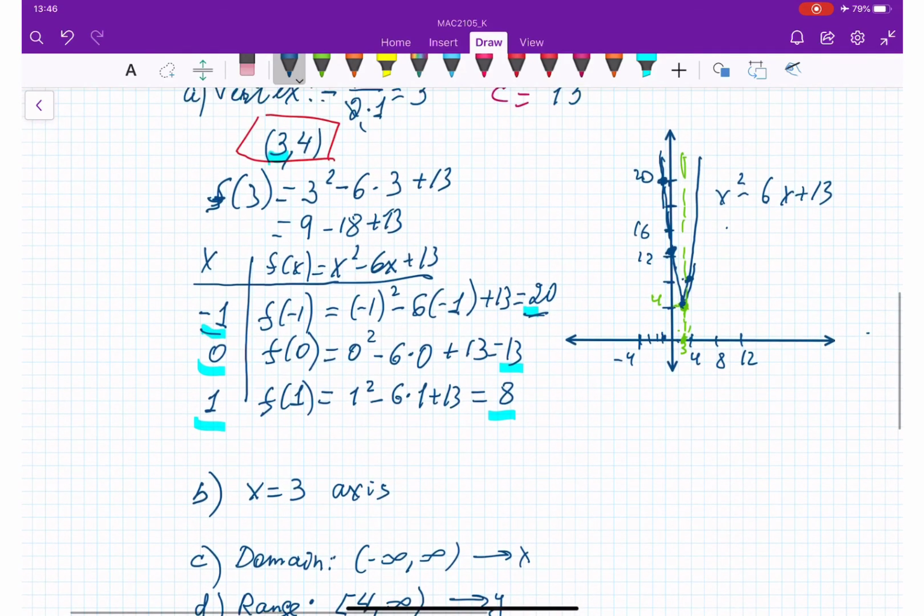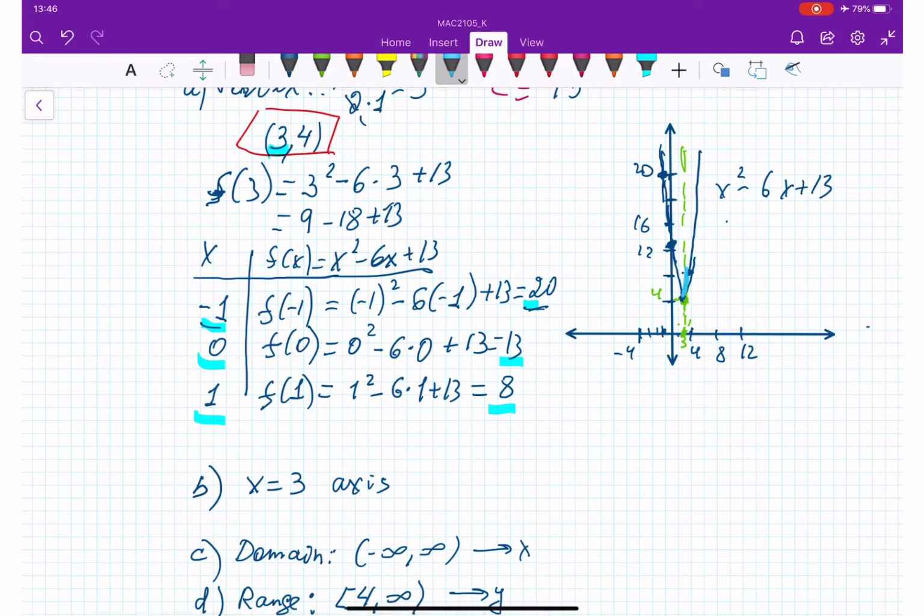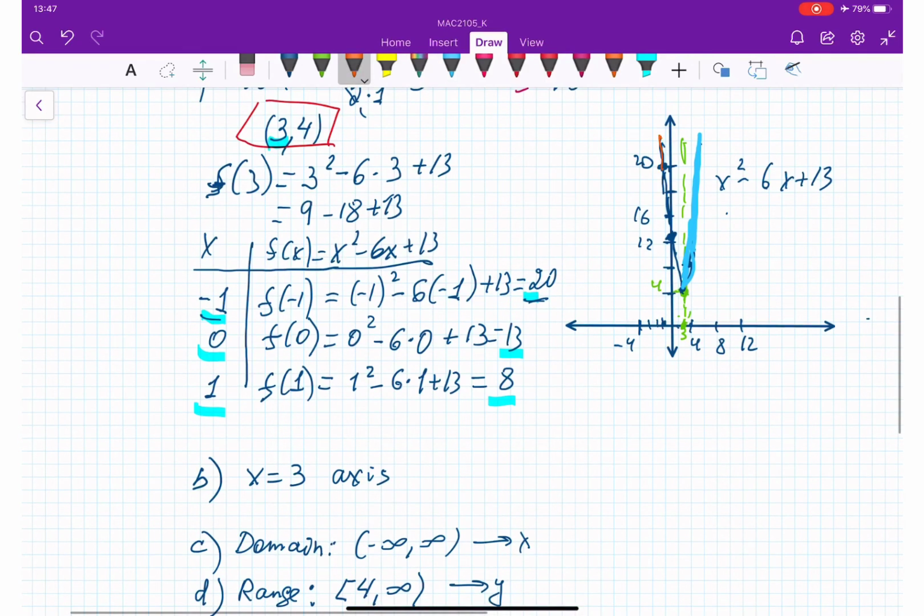Okay, let's see. Let's find out when function is increasing, when function is decreasing. So increase of function, it goes from this point, from vertex, and goes up. Yes, this is our increase. Decrease, on the other hand, is going to be this, because this is decreasing, correct?